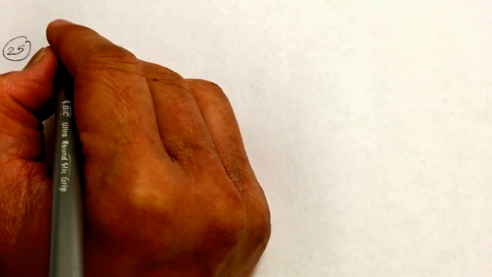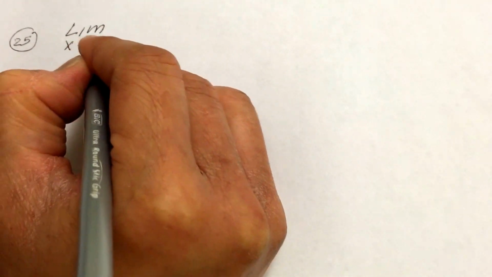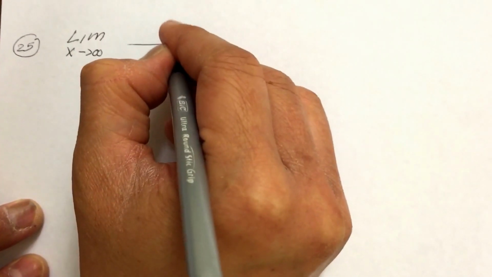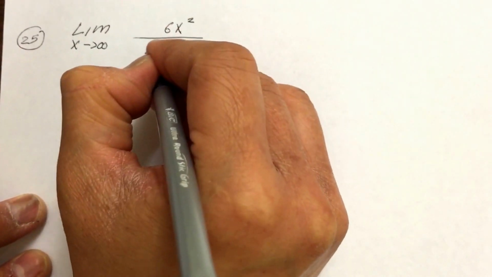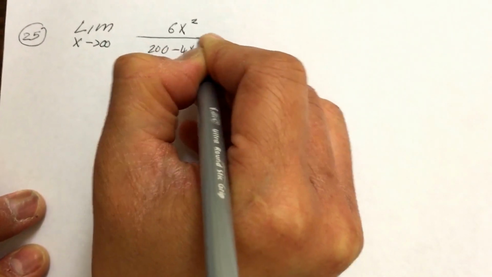Number 25. The limit as x approaches infinity of 6x squared over 200 minus 4x minus kx squared.